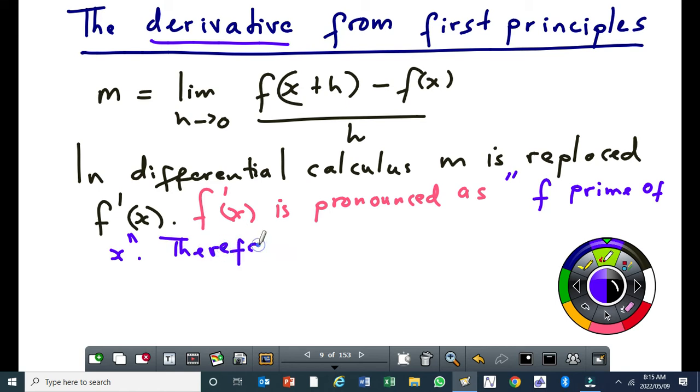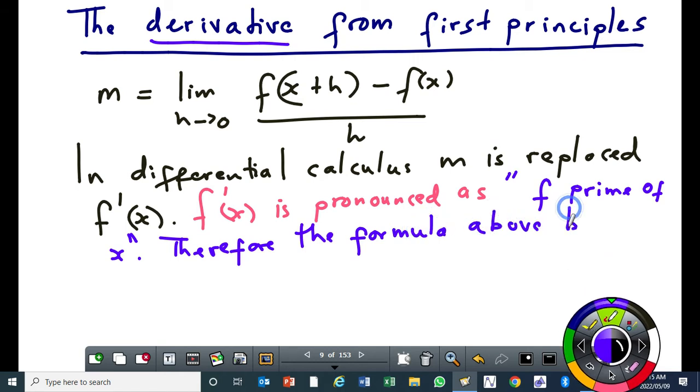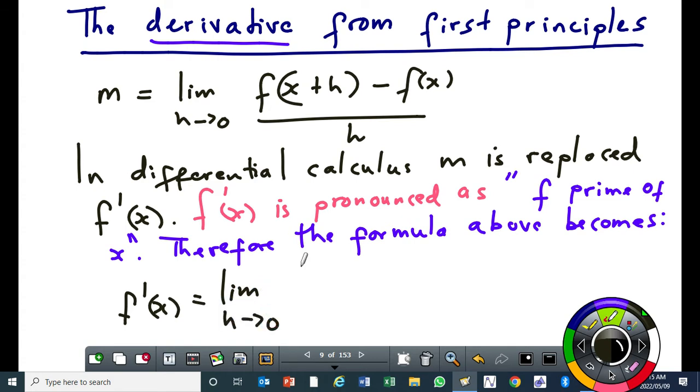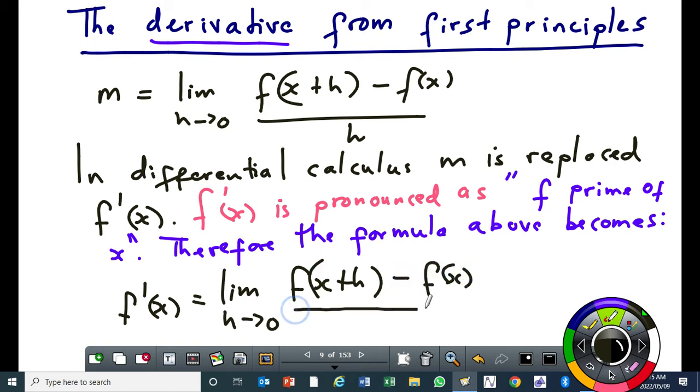Therefore, the formula above becomes f prime of x is equal to the limit as h tends to 0 of f of x plus h minus f of x all over h.